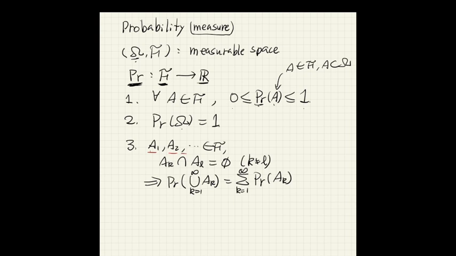Okay, so this condition is important. If this does not hold, then this doesn't mean anything. Okay, so if these three conditions are satisfied for this function, then this function is called a probability measure.